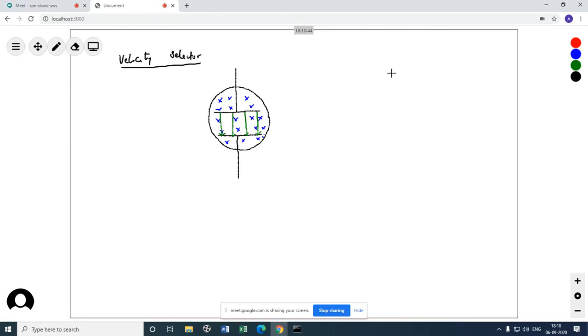And a charged particle is passing through this.